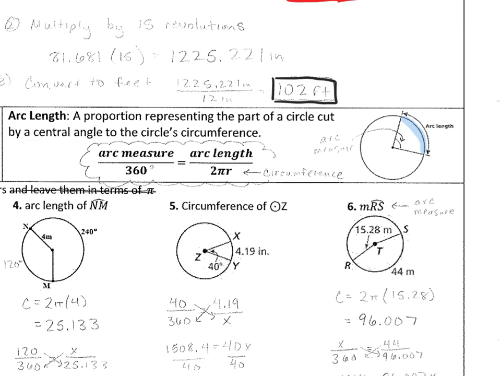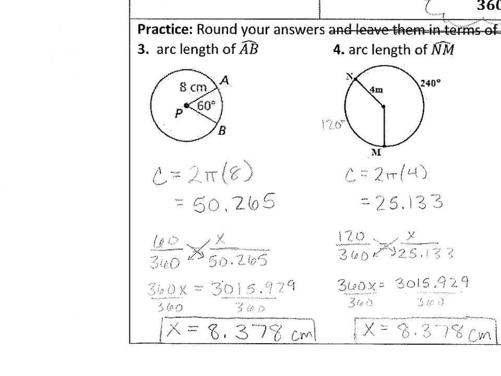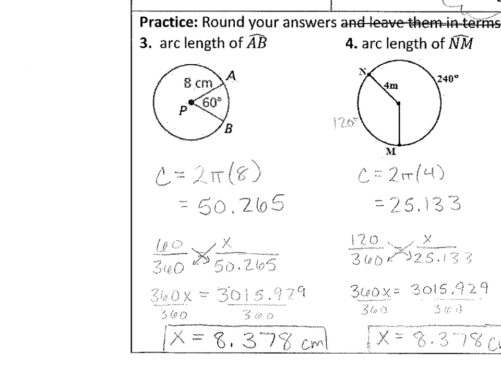Okay? If we look at this first problem, before I did anything with my proportion, what did I do right here? What is C standing for in these notes? Circumference. So you always need to make sure you know your circumference because that circumference goes in the formula itself. So we have the circumference with the arc length above it.